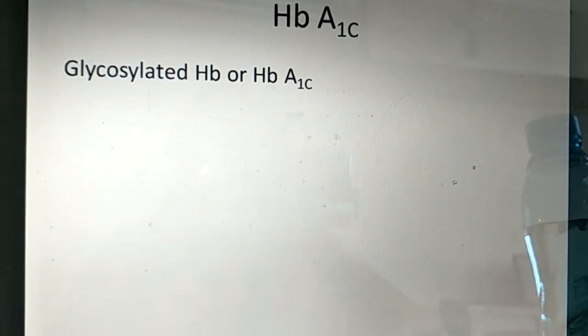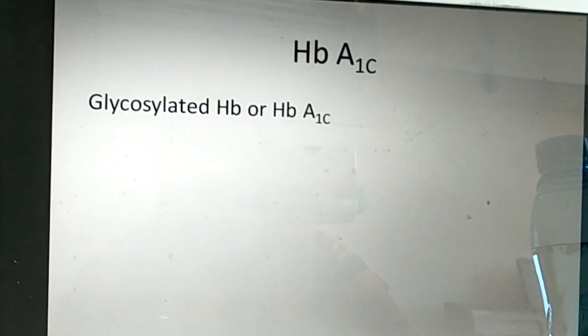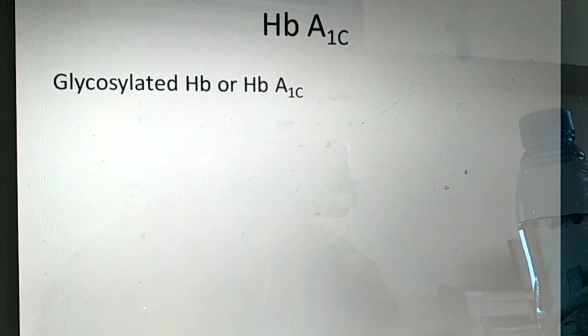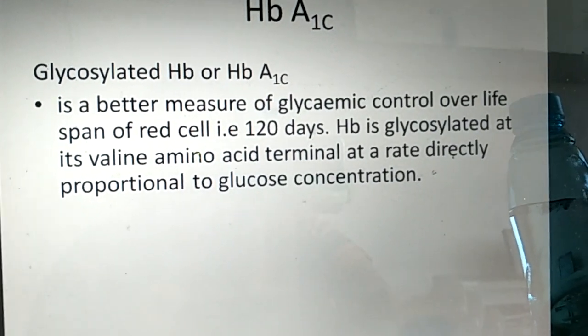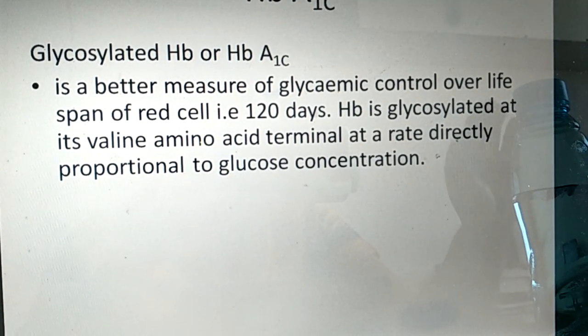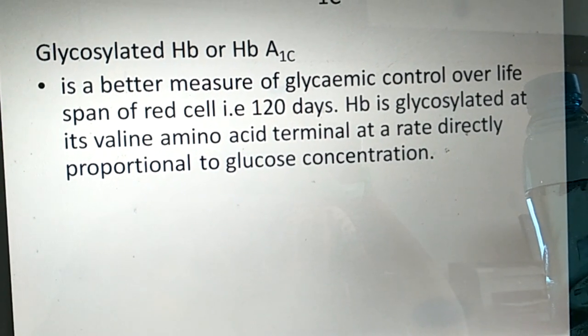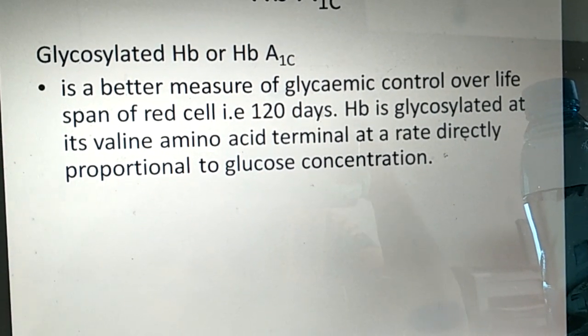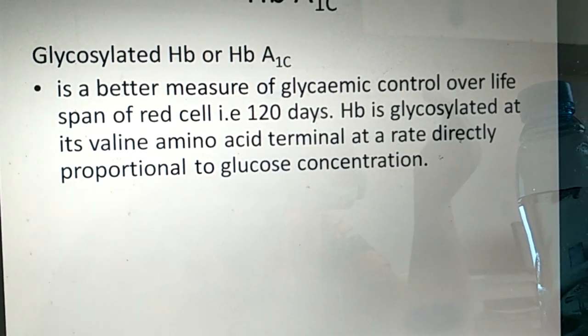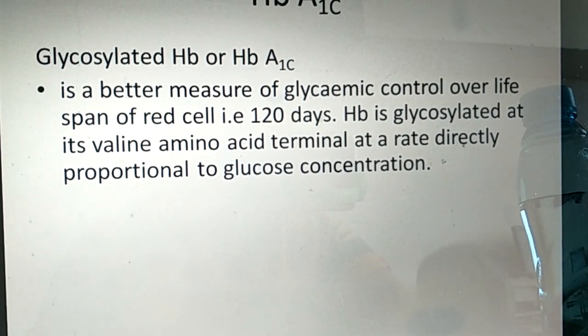Another important thing in the diagnosis of diabetes is glycated hemoglobin or glycosylated hemoglobin, HbA1c. Now what happens is that the hemoglobin gets glycated at its valine amino acid terminal, and the rate of glycosylation is directly proportional to the concentration of glucose in the blood.